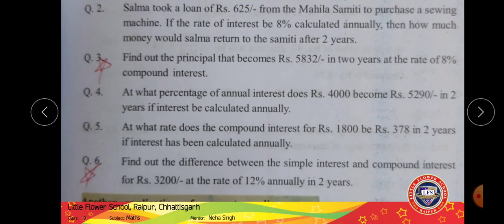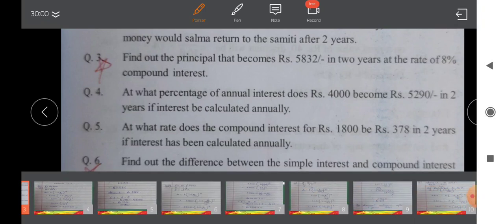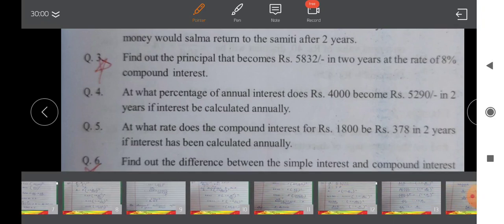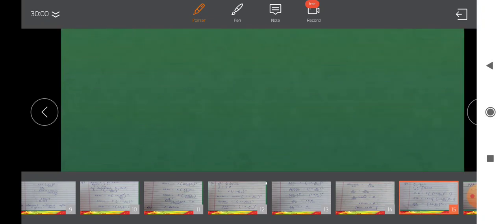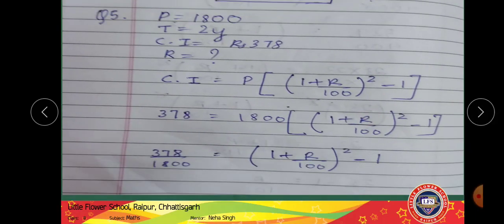See, we had to find amount and principal in the previous exercise also. In this exercise we learned how to find the principal and find the rate. See, in the fifth question also we have to find the rate of interest, right?